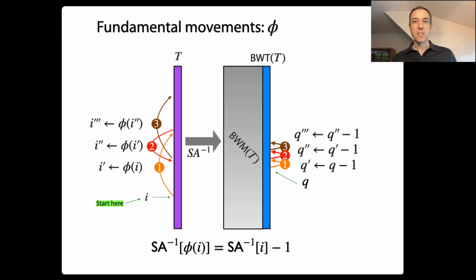Phi is jumping from place to place with respect to t, and if we jump from one spot to another, it's because we jumped from a spot that had a certain lexicographical rank, whose right context had a certain lexicographical rank, to another place whose right context has the next lowest lexicographical rank. You can think of it as almost the mirror image of LF.